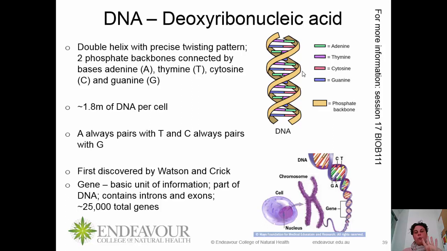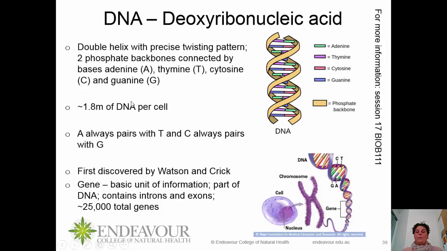There are only 4 different bases that you will find in DNA, and those are adenine, or A, thymine, or T, cytosine, or C, and guanine, or G. A always pairs with T, and C always pairs with G. So what you have essentially is the backbone like this, with little base pairs that go almost in a ladder-like way, and the whole thing twisted so that you have the structure of a double helix, which I'm sure most of you have seen before.